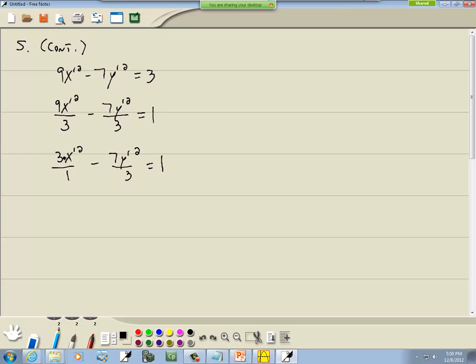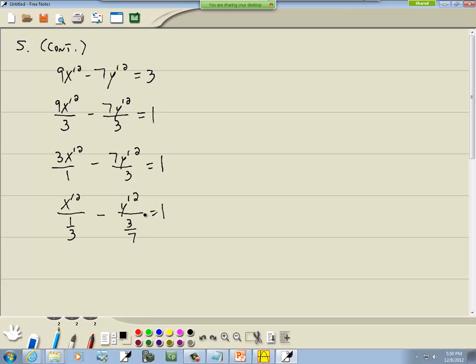Now, when you got a number up there with your x and y, you see how this is 3 over 1? I can put the reciprocal of it down in the denominator, so this would become 1/3 minus y prime squared, and this would become 3/7. Because if you think of it going the other direction, if you flip this and multiply it times your top, you would have this. Equals 1.